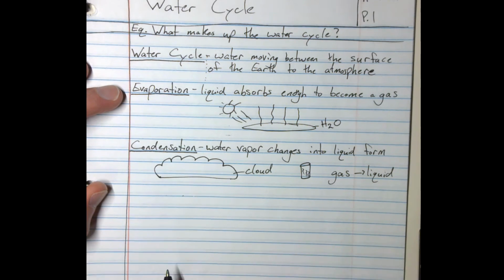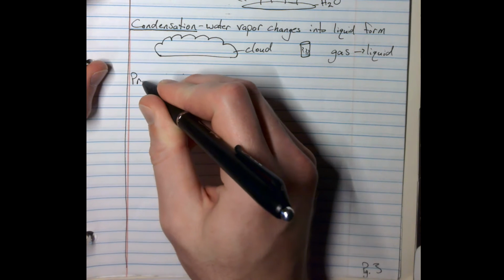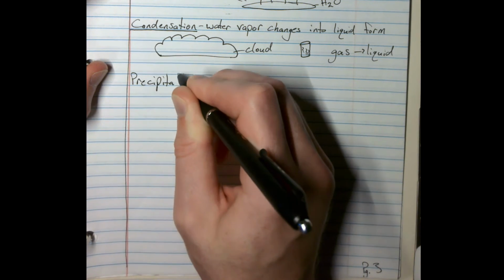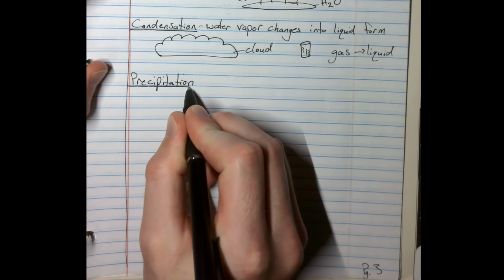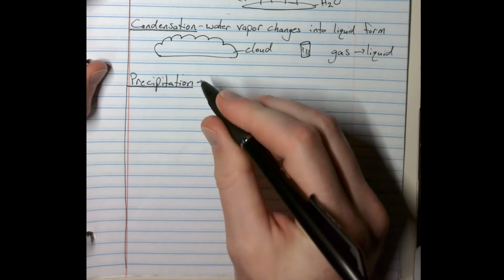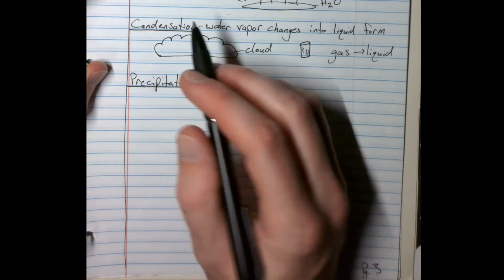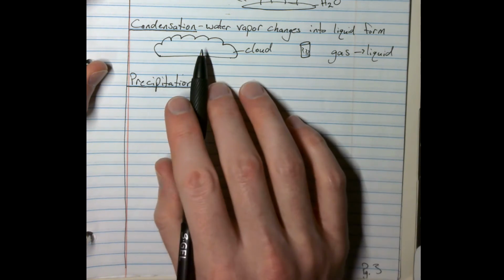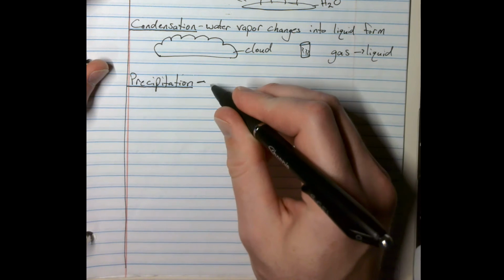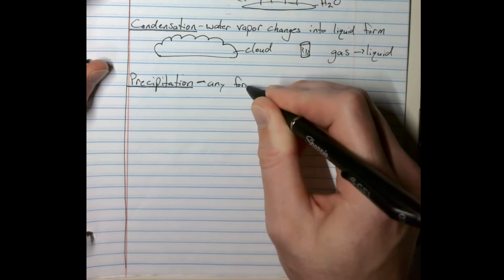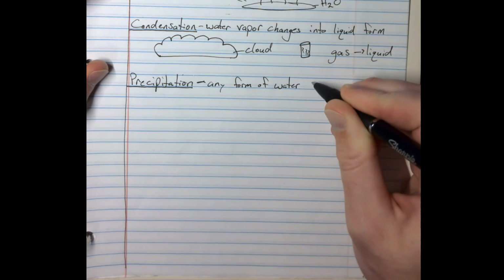Those are two of the three. And the last one we're going to talk about is precipitation. And this is where we get a buildup of this condensation and then it's going to fall. So we get these huge clouds and it's built up enough so that it falls out of it. So it's any form of water falling from a cloud.